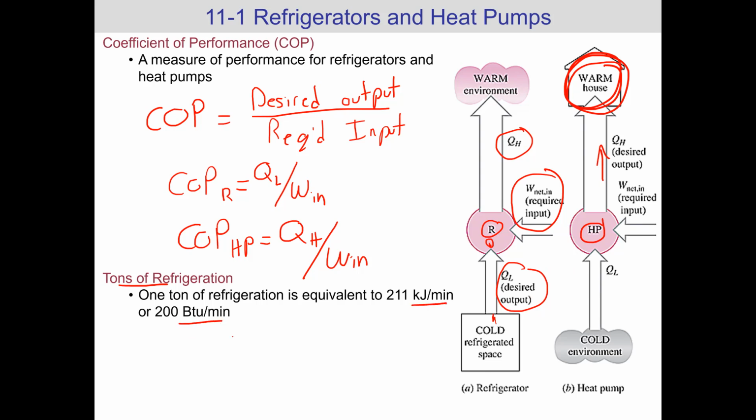So if I say that my refrigeration load is 10 tons, it means that the QL being removed from the cold space is 2,110 kilojoules per minute. So it would be 10 tons of refrigeration, or the heat rate would be 10 times 211 kilojoules per minute.